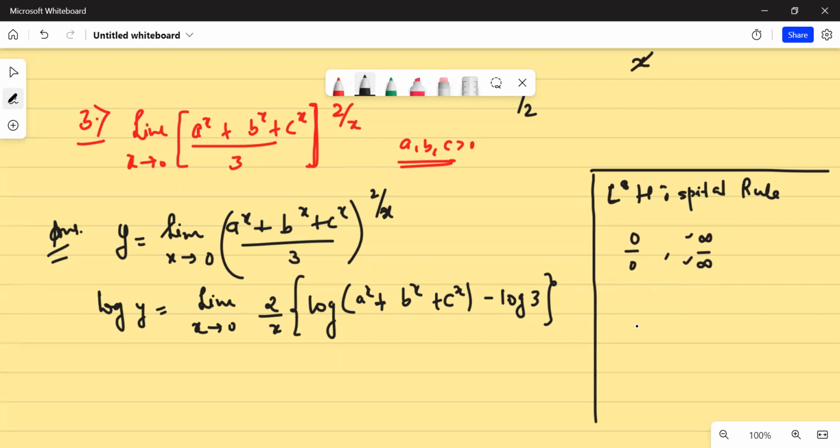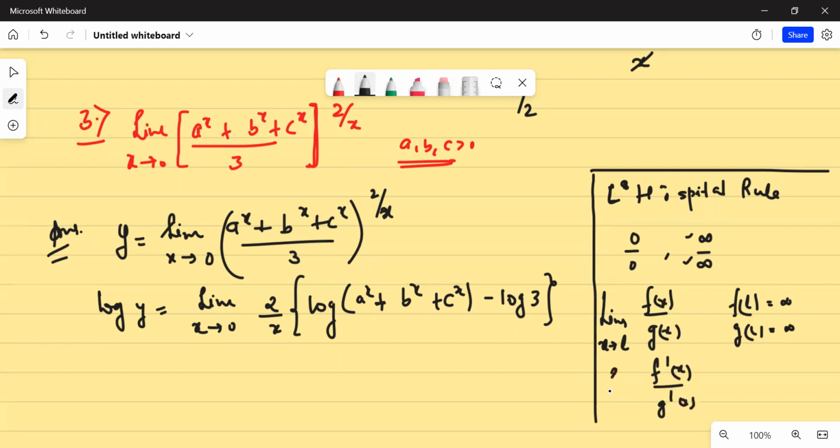What I want to say is, if you have f of x and g of x, and you want to find the limit as x tends to L, and f of L is infinity and g of L is also infinity, you can differentiate and then try to evaluate the limit as x tends to L. If you are not getting an infinity by infinity form, then whatever limit you get is fine.